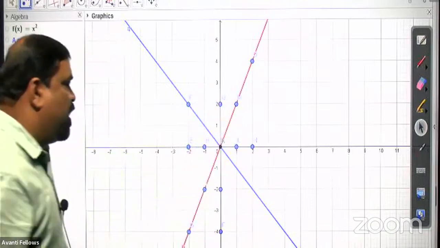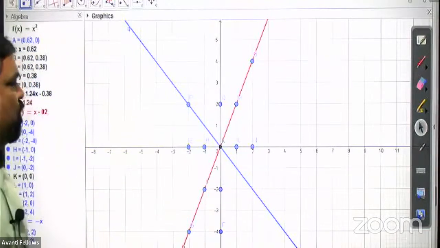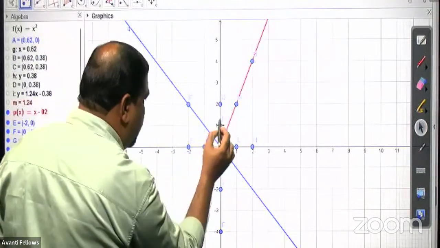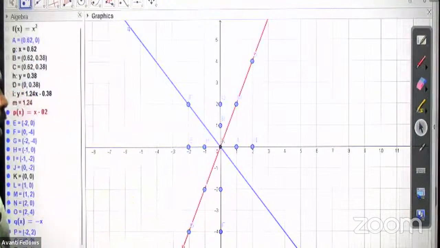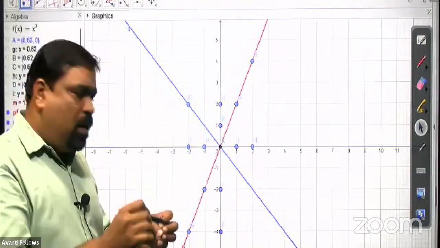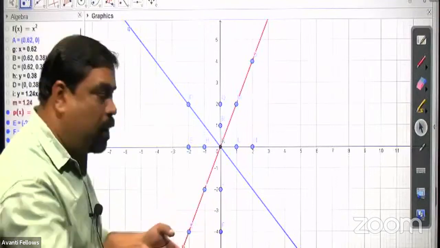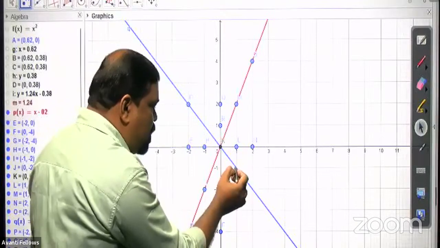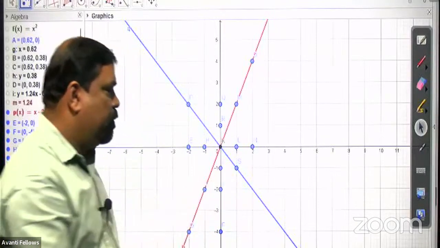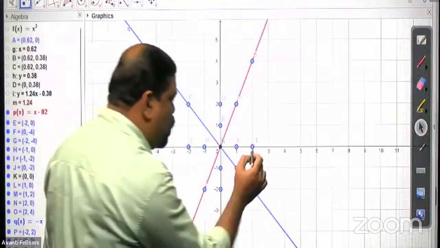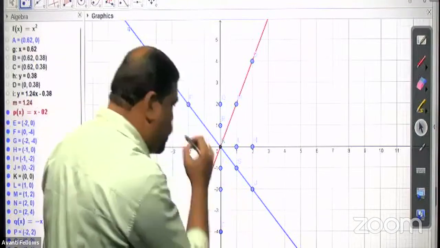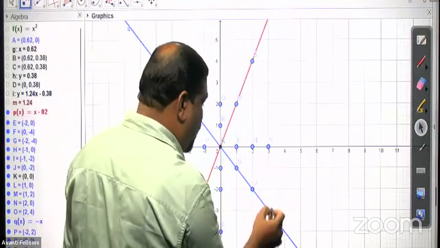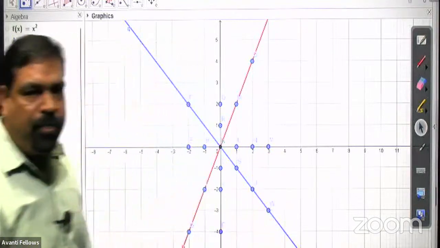When x equal to -1, the function value is 1. You remember I am taking values for x in the increasing order. If I take x equal to 0, function value is 0. If I take x equal to 1, the function value is -1. If I take x equal to 2, the function value is -2. If I take x equal to 3, the function value is -3.